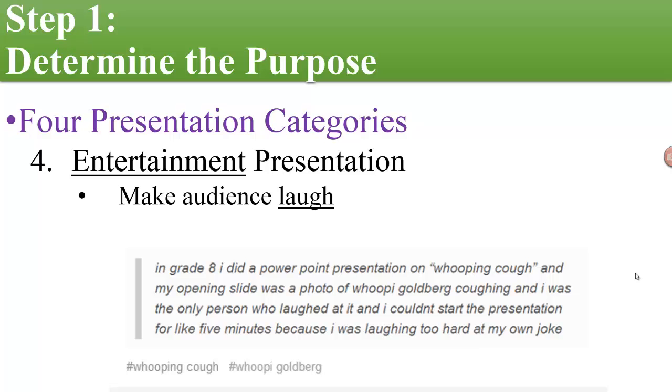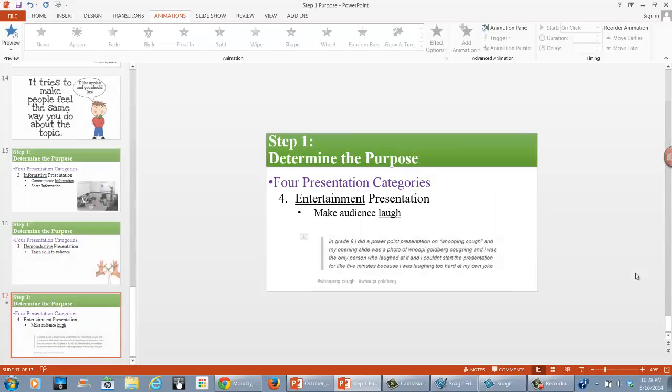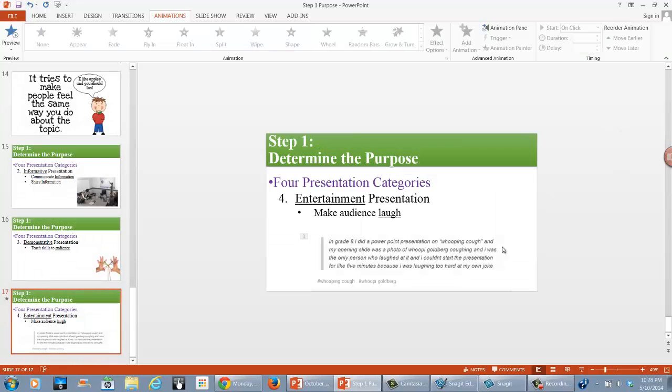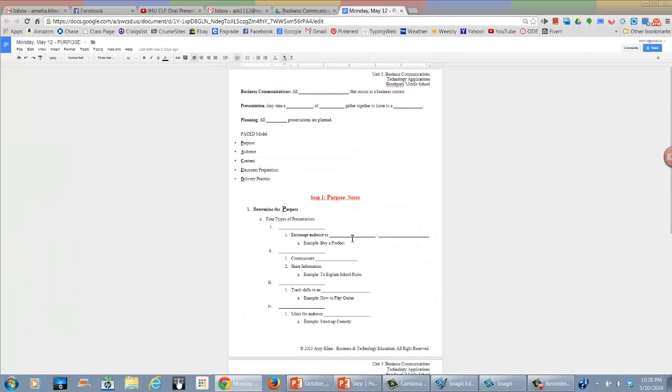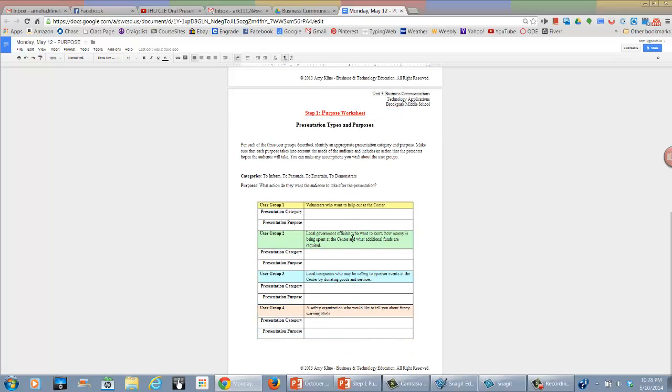All right, make sure that you have everything filled in on your notes, and we're going to go over to your worksheet so I can explain it to you. On this worksheet, at the very top, you'll see user group 1, user group 2, 3, 4, and beside each user group, it tells you about a presentation.